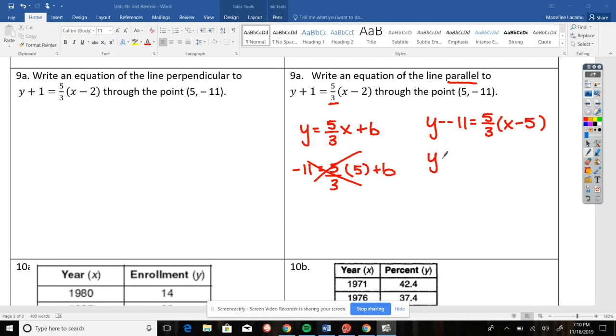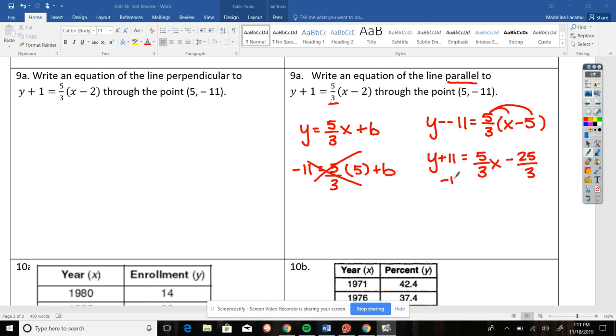So y minus negative 11 becomes y plus 11. And that's going to equal 5/3 x, because when you multiply 5/3 times x, you get 5/3 x. And 5/3 times negative 5 is what we got before, which would be negative 25 over 3. So really, you could do it this way. It's going to be a nasty answer no matter what.